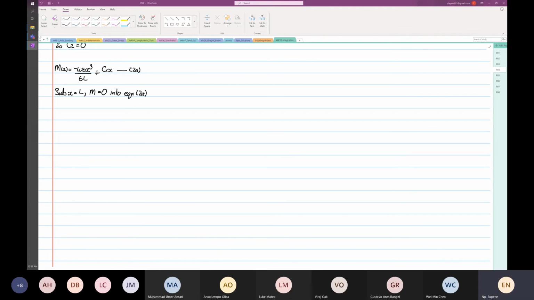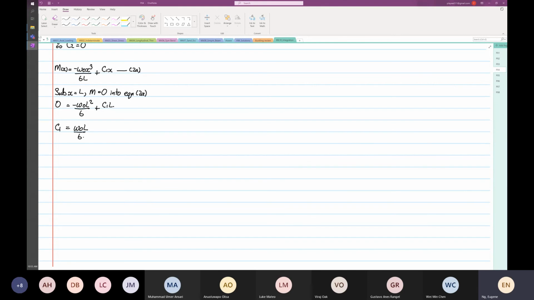So this will be equal to 0, and this will be equal to minus omega naught L squared over 6 plus C1L. So C1 is equal to omega naught L over 6. That is our C1.